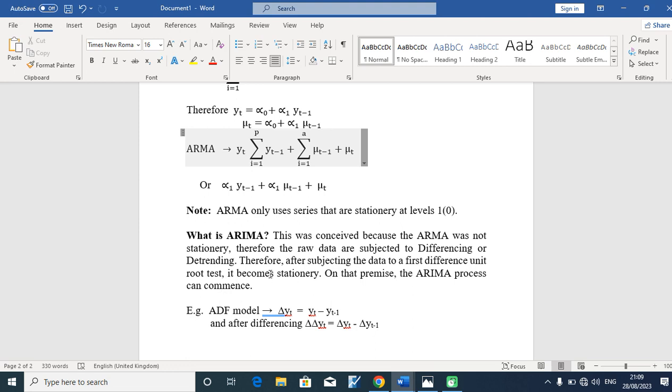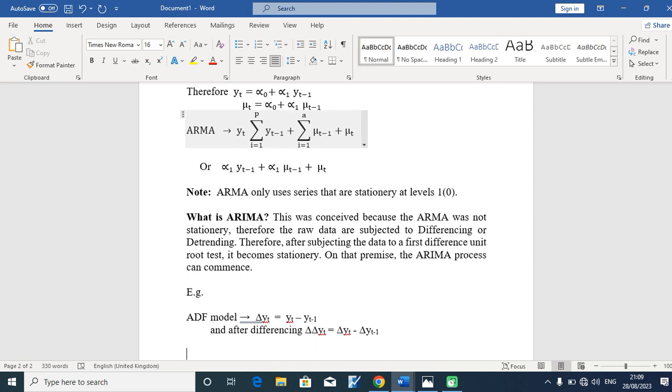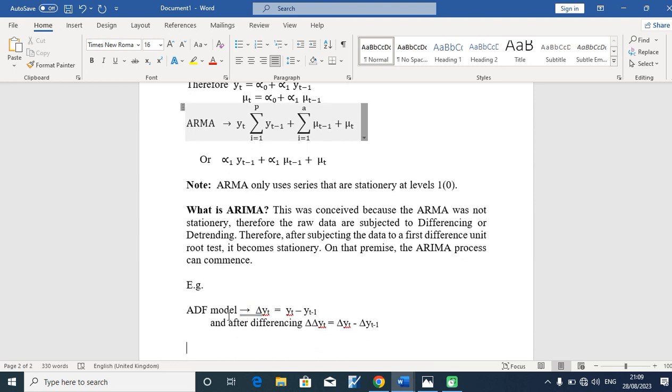So basically, it's expected that the time series data you are going to use in this process will be stationary after first differencing. Most of the time we use the ADF, the Phillips-Perron, the KPSS, and a host of other unit root tests.